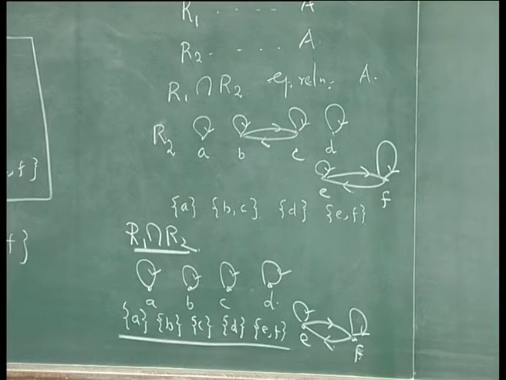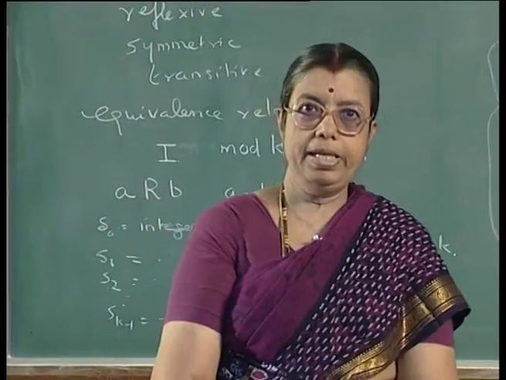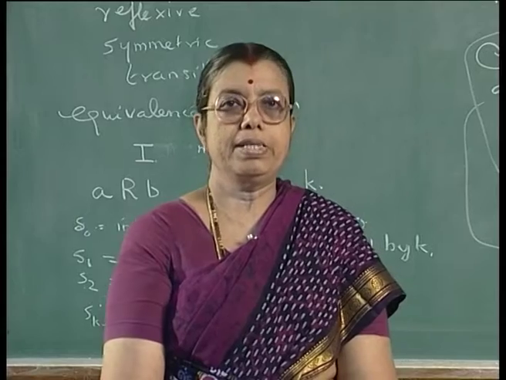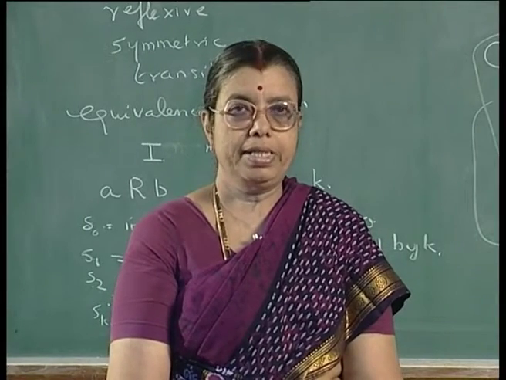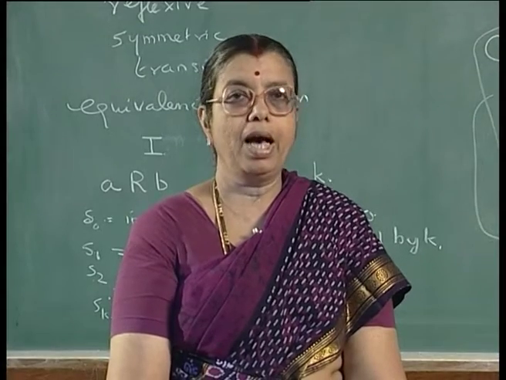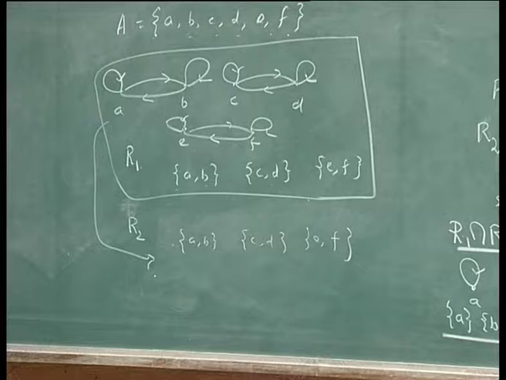But we cannot say this for the union. Suppose R1 is an equivalence relation and R2 is an equivalence relation. Can you say R1 union R2 is an equivalence relation? We cannot say that. R1 union R2 need not be an equivalence relation.